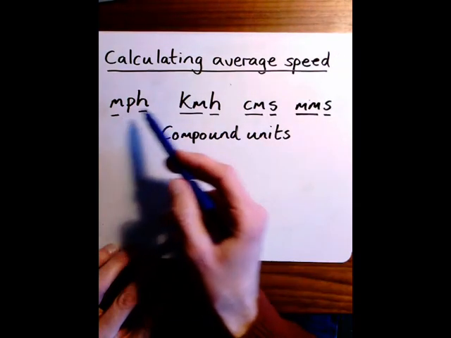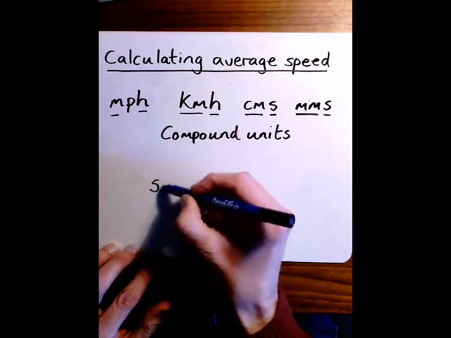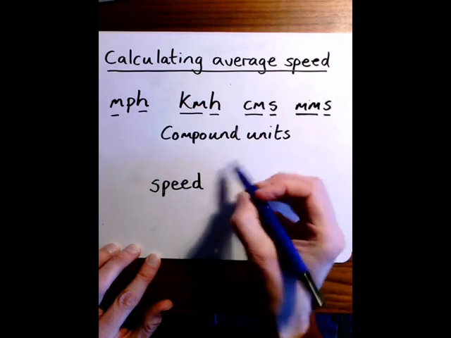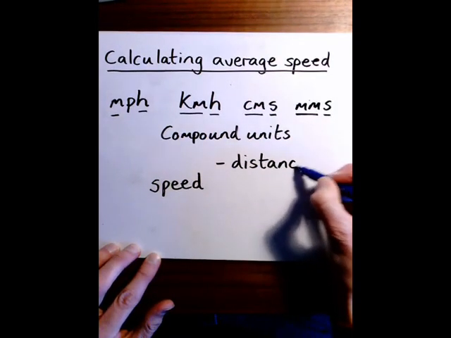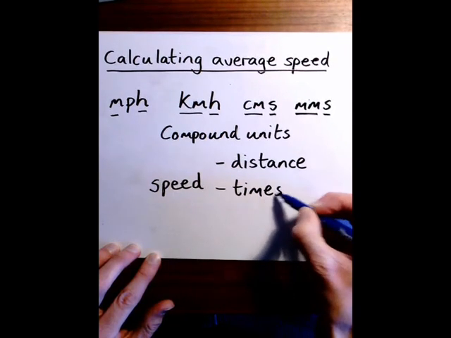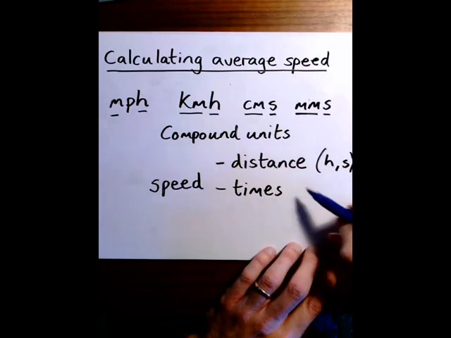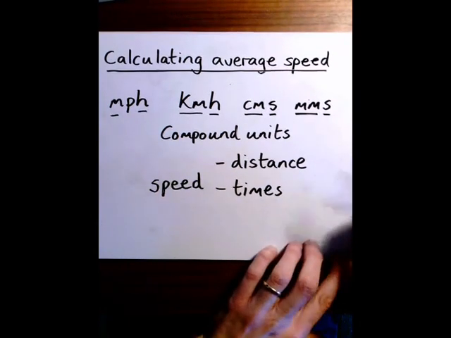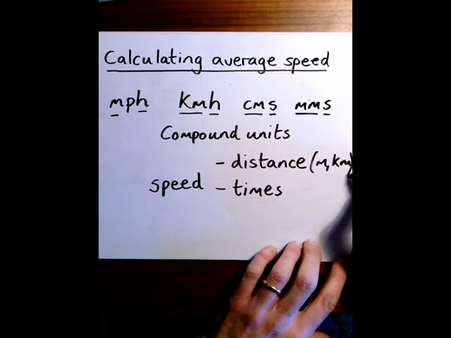So if we thought about what's going on there, we've got a relationship where speed must be calculated with something to do with the distance that you've travelled and the time that you've taken to do that. Like I said before, the time could be in hours, seconds, or maybe minutes, and the distance could be in miles, kilometers or any distance measurement.